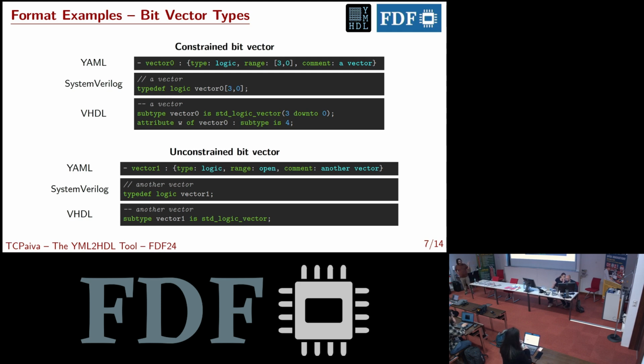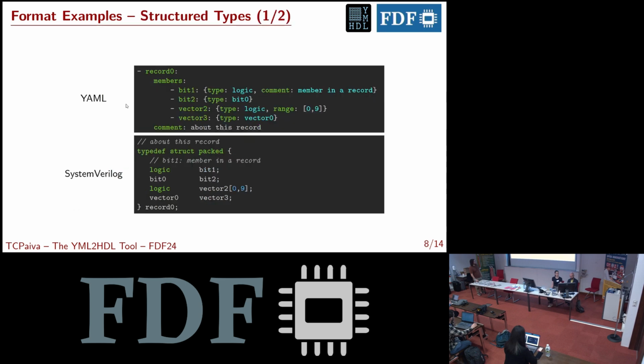It's nice to say that you have support for unconstrained bit vectors, which is a VHDL 2008 thing, and SystemVerilog has it as a common part. And yeah, you can add comments that will be in the final files as well.